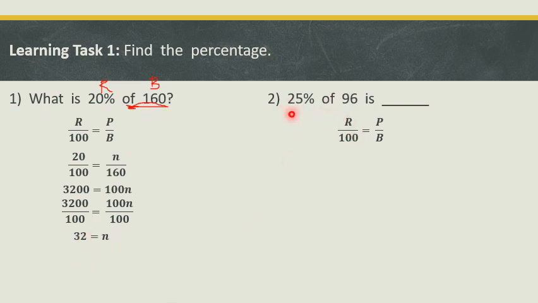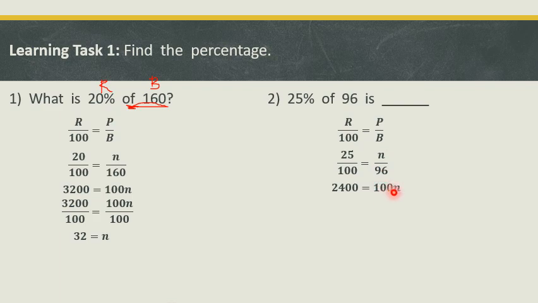Number 2, ganun lang din. Ito ang ating R, ito ang ating B, kasi siya may katabing "of". Of 96, ito yung B natin. So, substitute natin. 25 yung R natin, P yung N natin, and 96 yung ating base. We will cross multiply. 25 times 96 is 2,400. 100 times N is 100N.